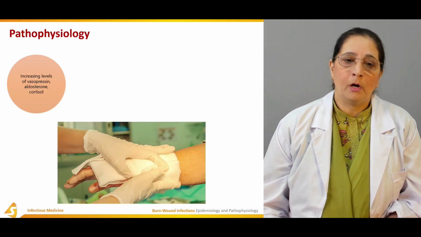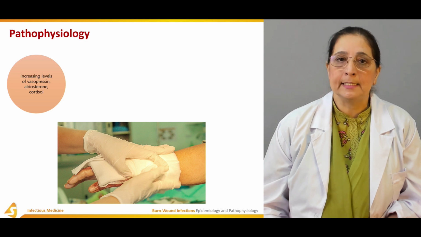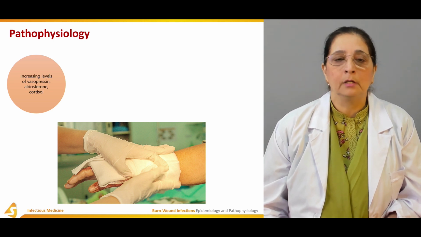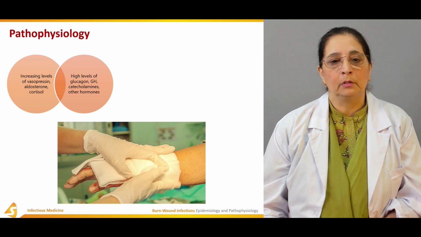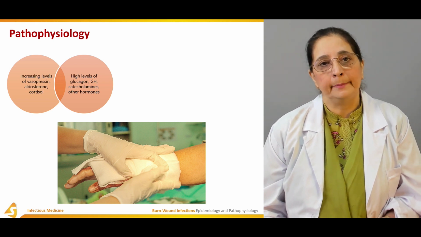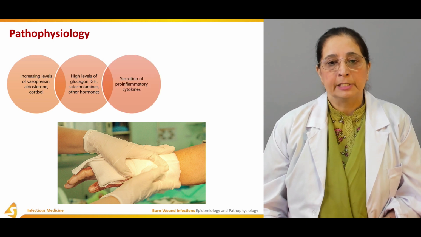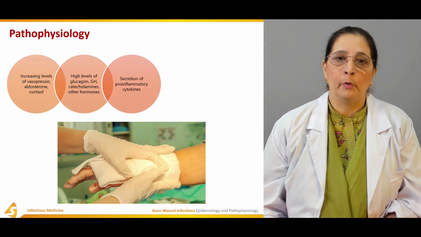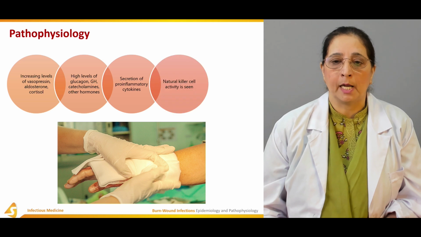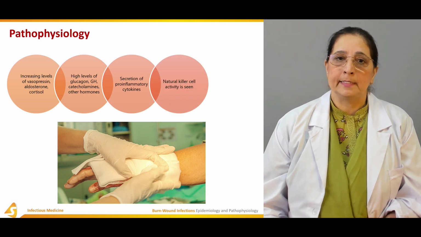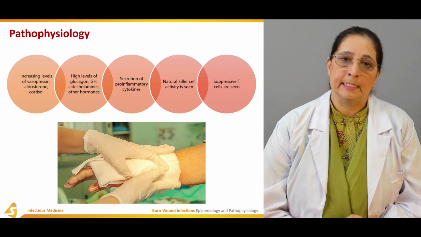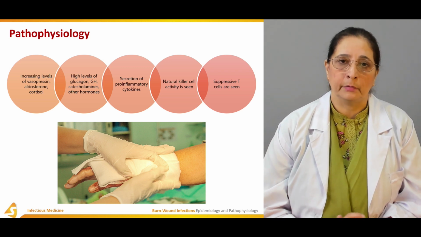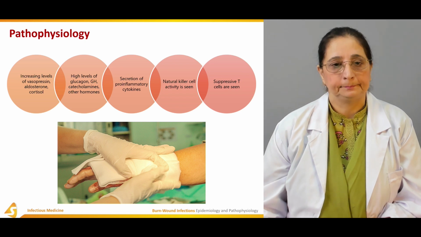There are increasing levels of vasopressin, aldosterone, cortisol, high levels of glucagon, growth hormone, catecholamines, and other hormones, secretion of pro-inflammatory cytokines, natural killer cell activity is seen, and suppressor T cells are seen also in the burn patient.